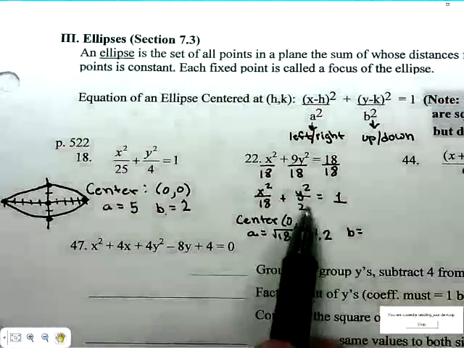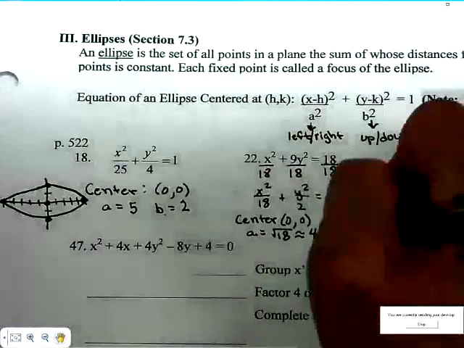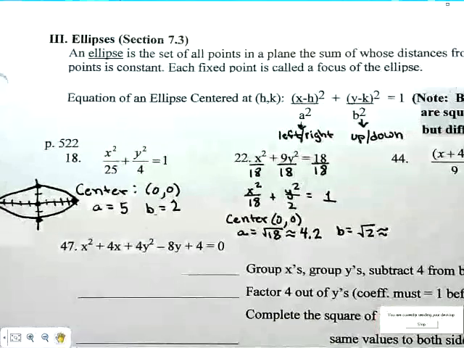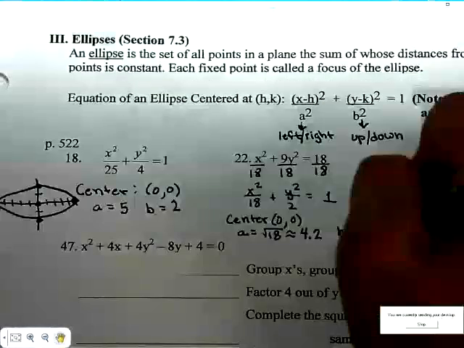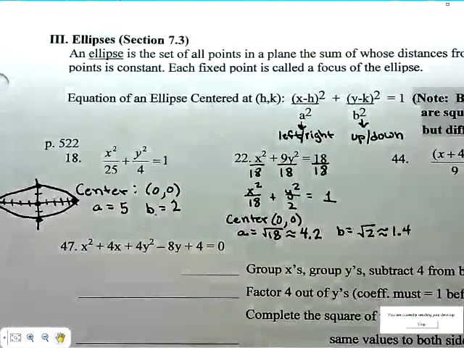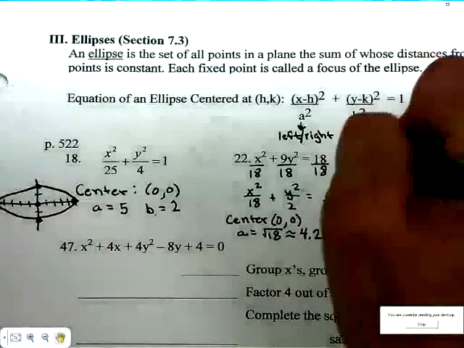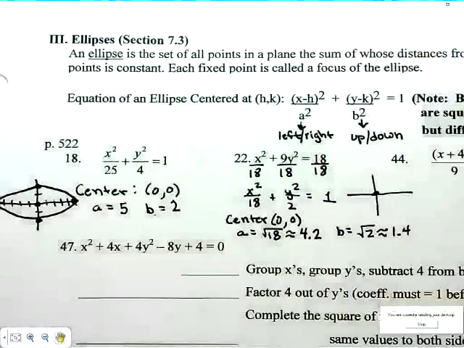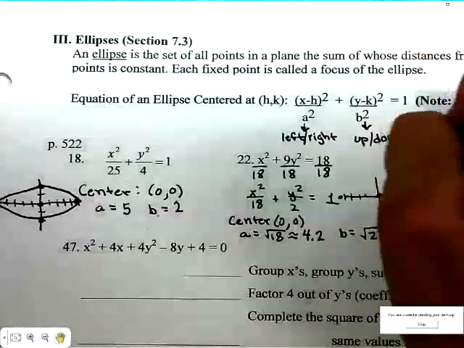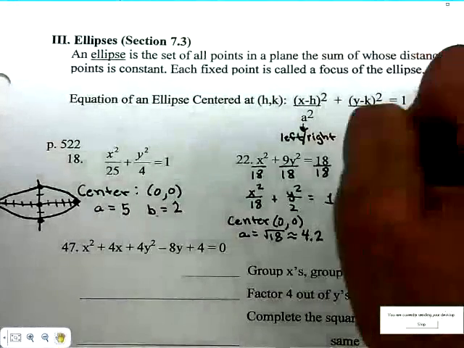The square root of 2, whatever's under the y, is about 1.4. Okay, so about 1.5. All I have to do to graph that ellipse is plot the center, go to the left and to the right just a little over 4. Up and down about 1.5.